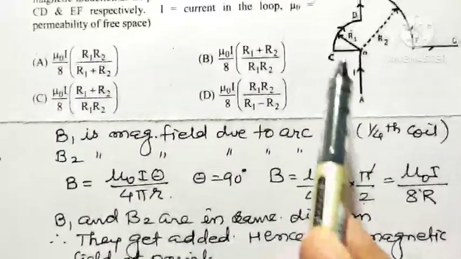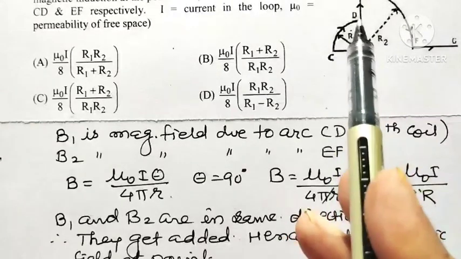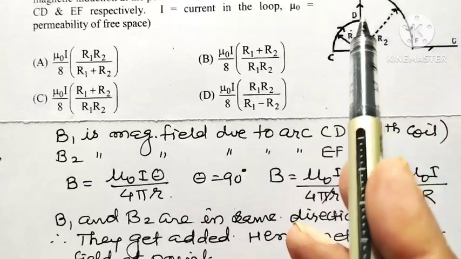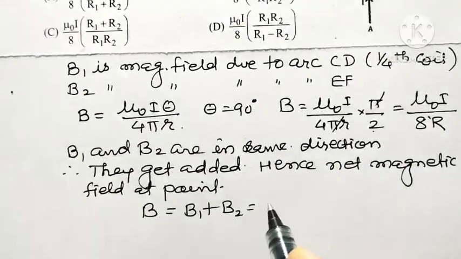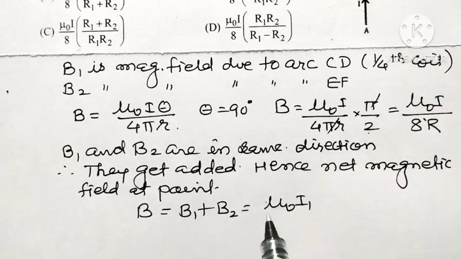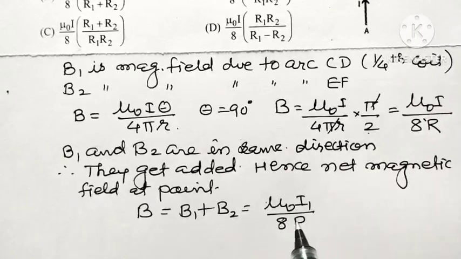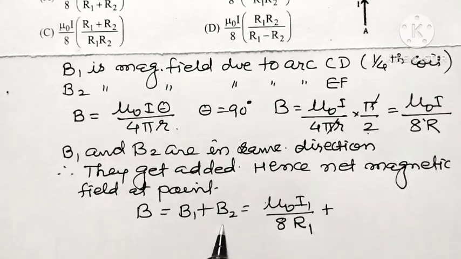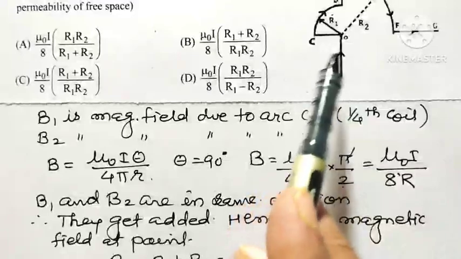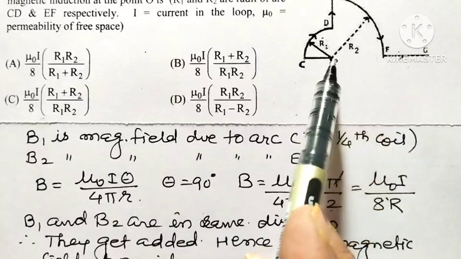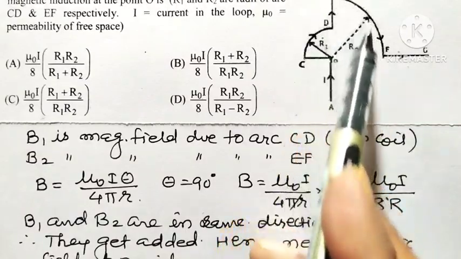Magnetic field at point O due to 1/4 of coil CD of radius R1 carrying current I1, B1 is equal to mu 0 into, in place of I we will write I1, divided by 8 times radius of arc CD, R1, plus B2, the magnetic field at point O due to arc EF of radius R2, which is actually 1/4 of a coil.